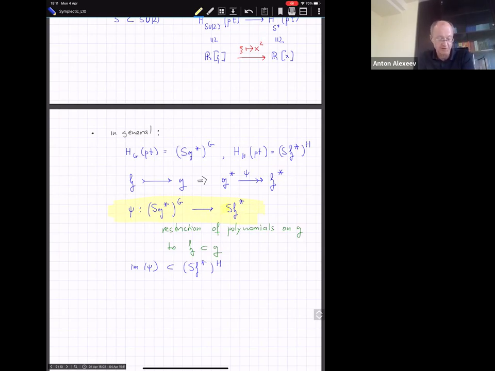You're looking at the injective map of H to G. You consider the dual map from G star to H star, and you're just sending your polynomials on G to polynomials on H by restriction. So that's a completely general result, and that's always what happens.